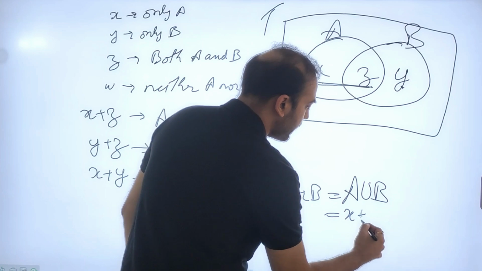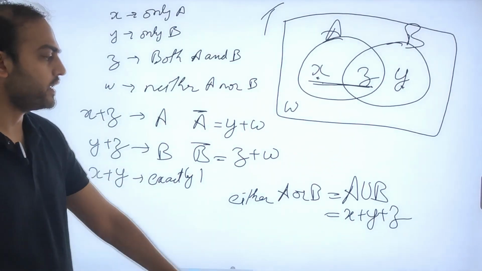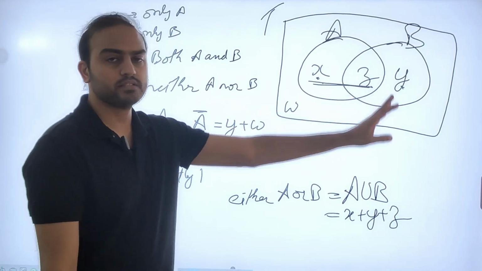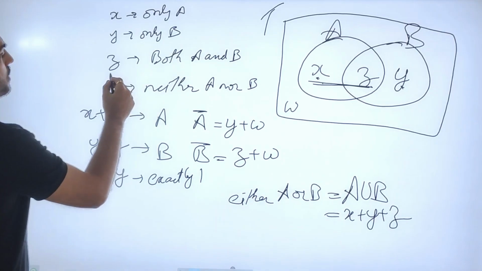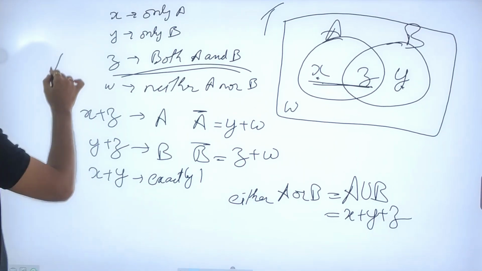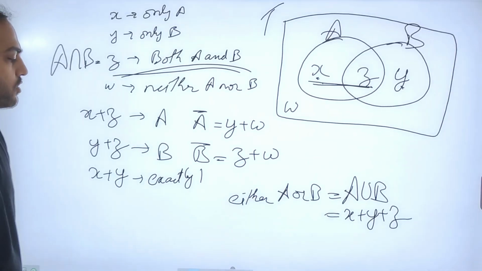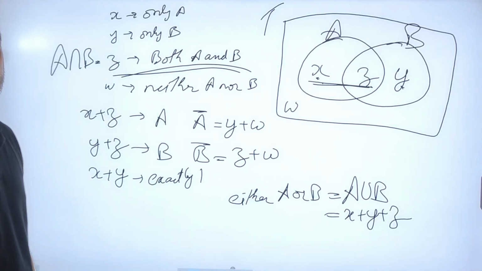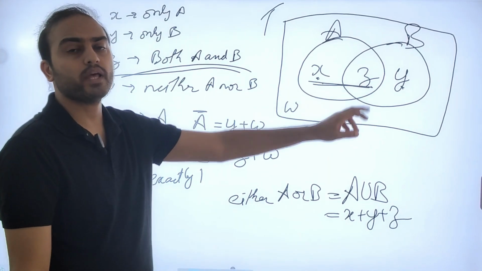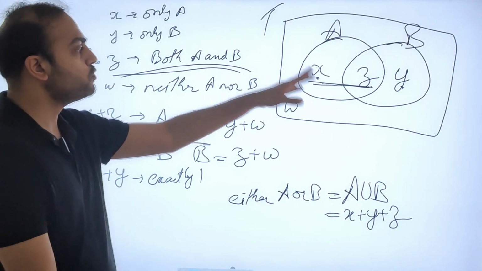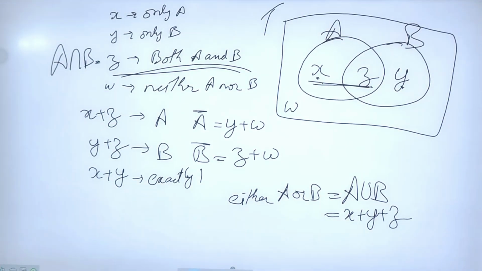So that is X plus Y plus Z. And people belonging to both, this Z, is called A intersection B. This means people belonging to both A and B, people common to both A and B.